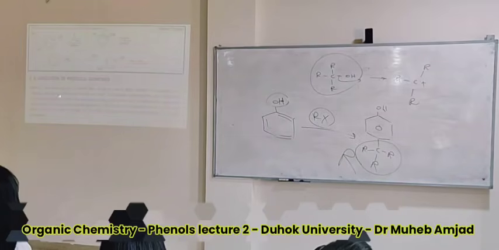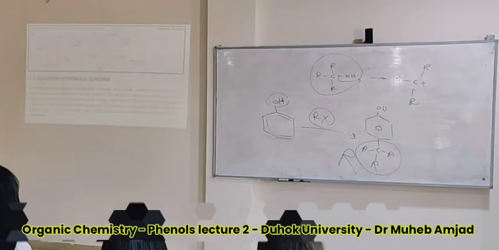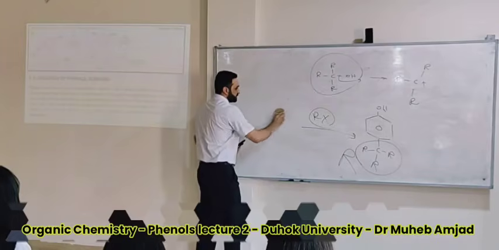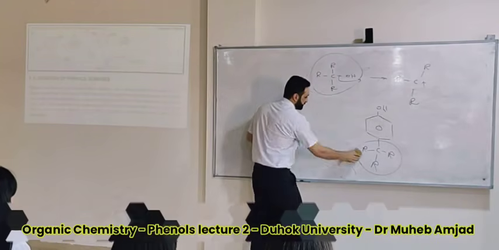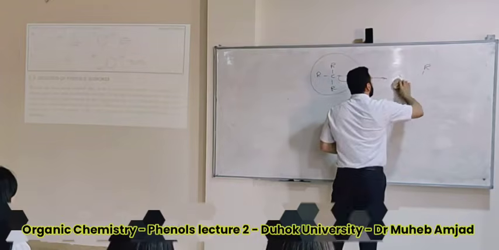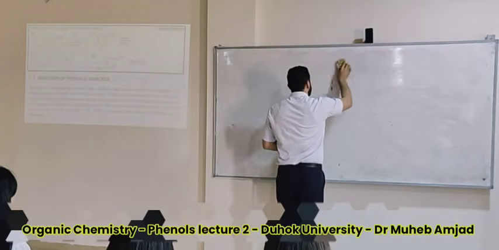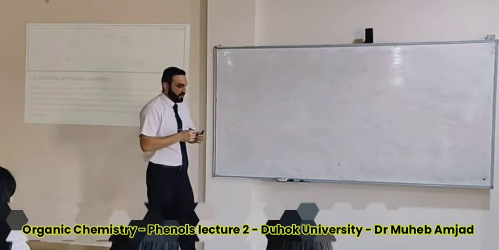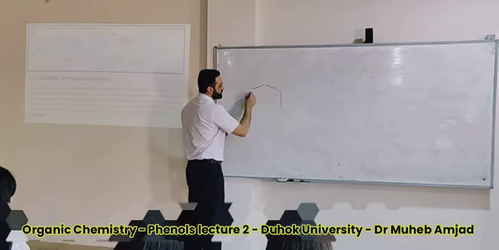Phenols are more easily oxidized than alcohols, and a large number of inorganic oxidizing agents can be used for this oxidation. Actually, we have two types of diphenolic compound, a phenol that has two hydroxy groups.